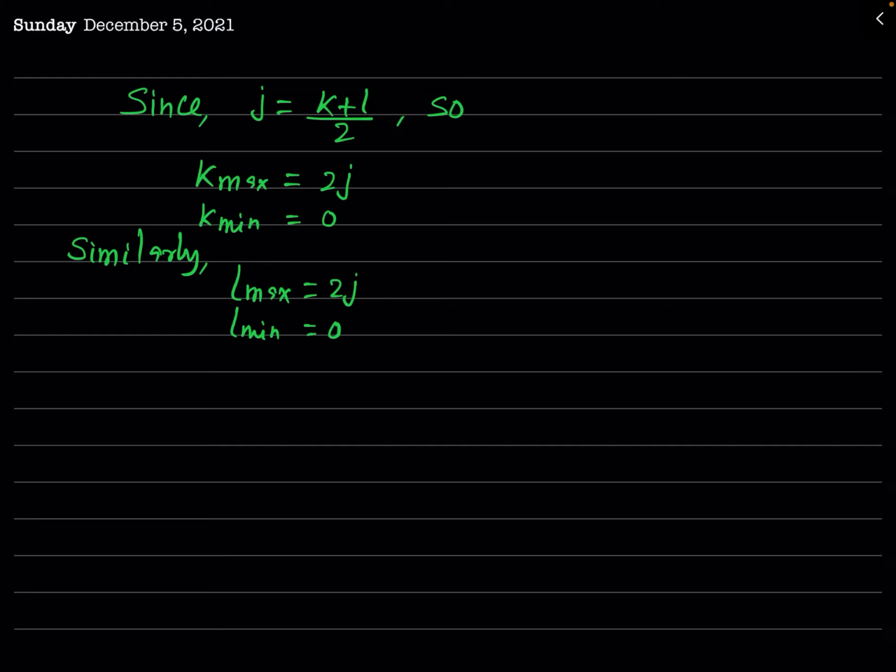So you can see here, when k is equal to k max, that is 2j, then definitely L should be minimum. So when k is equal to k max, then L is equal to L minimum.